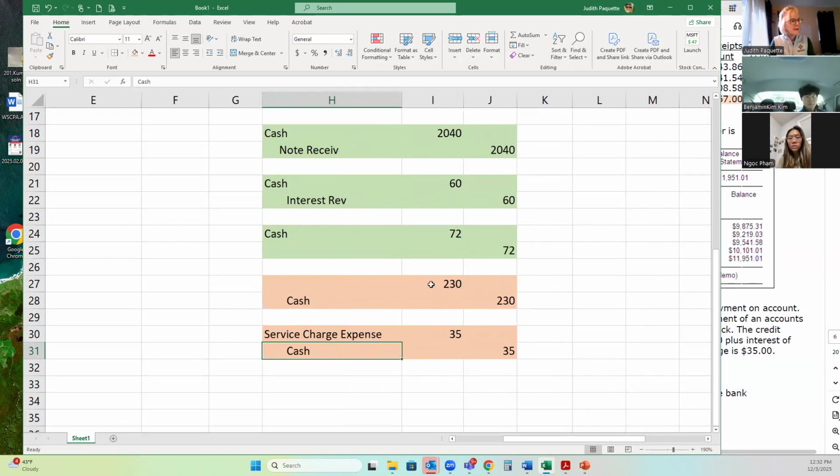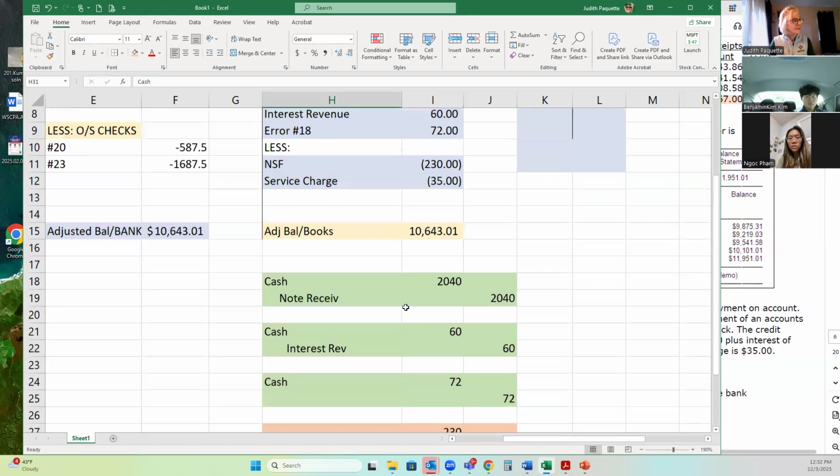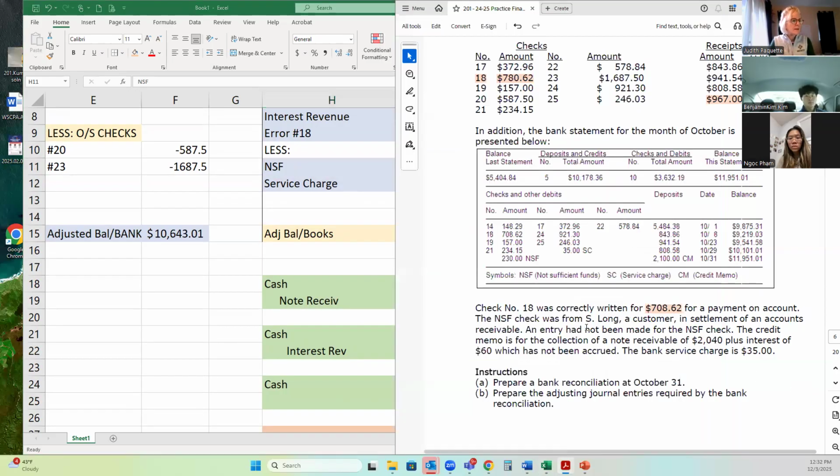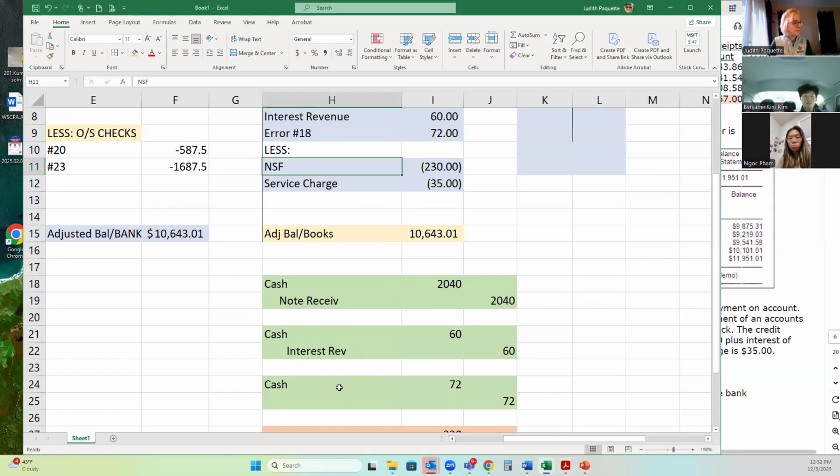The 230 is a check that was cashed. So we originally increased cash. And the problem says an entry has not been made for the NSF check. So we're going to assume that was a customer check, which means accounts receivable.